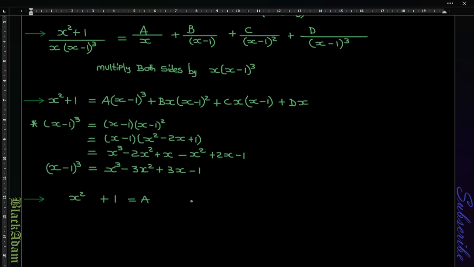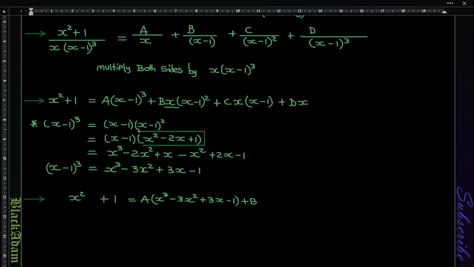we now have a bracket, so a is going to be that, and then we replace it with x cubed minus 3x squared plus 3x minus 1, and then we have b.